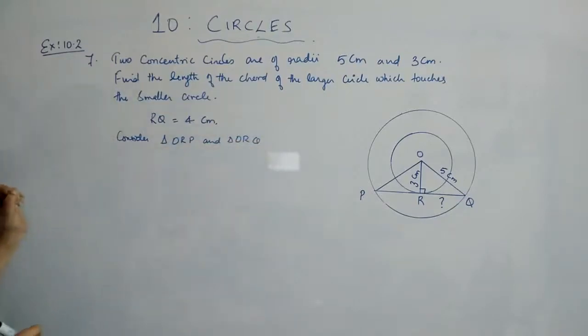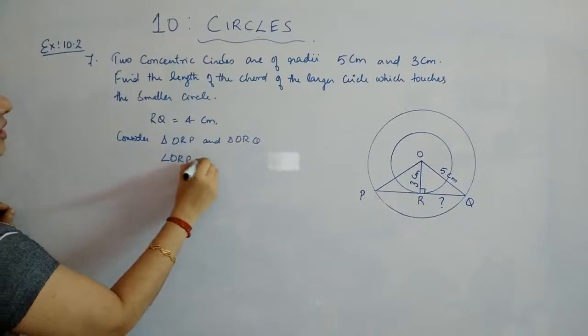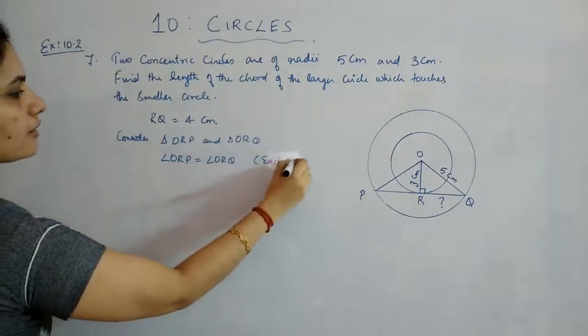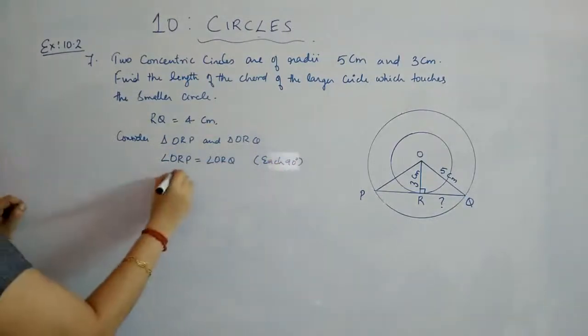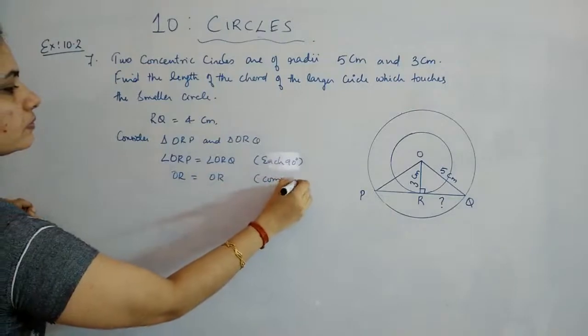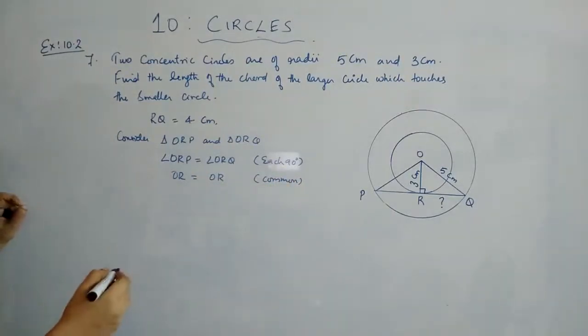Now what all you have here? You have angle ORP is equal to angle ORQ, both are 90 degrees each. Then you have OR common. And you can say OP is equal to OQ because they are the radii of the same circle.